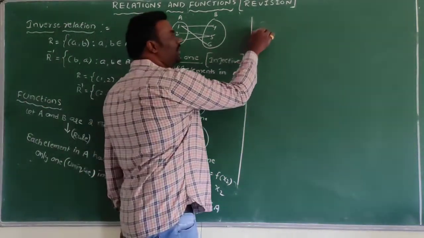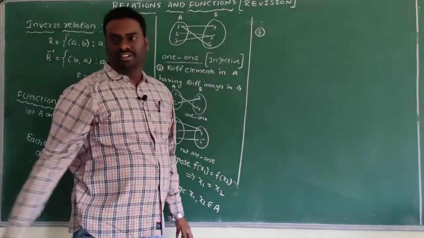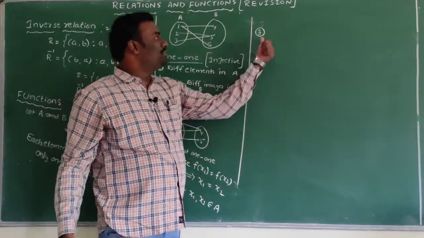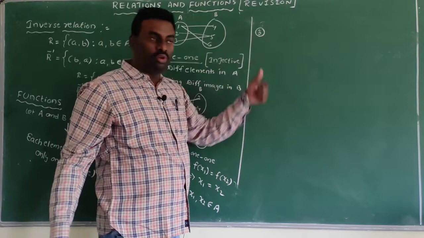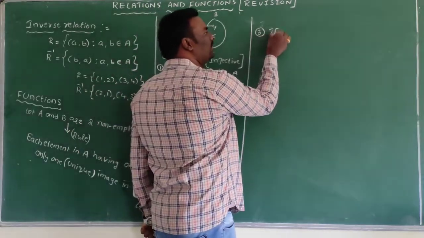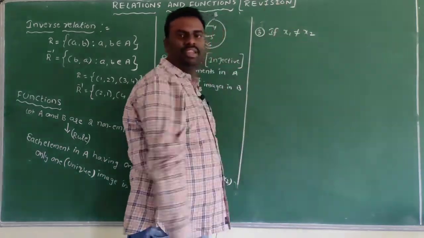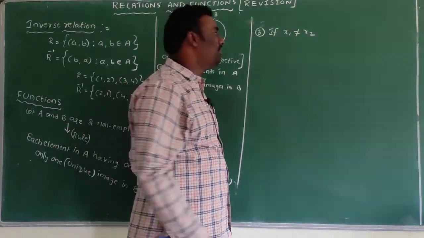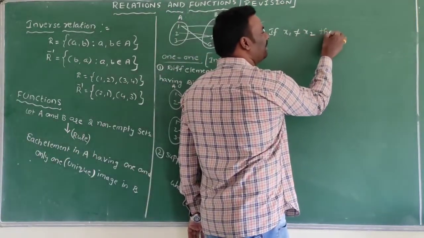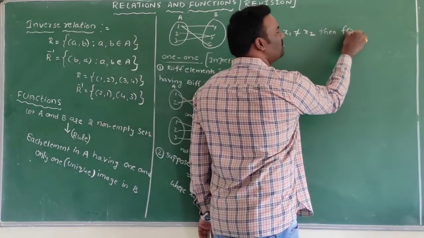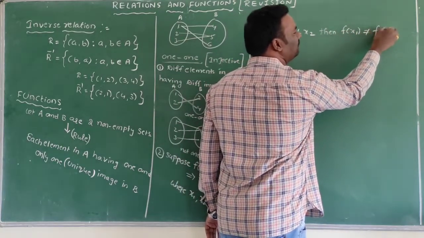We have third definition for 1 function. Sometimes we are using this definition also in problems. What is the definition? If the elements are not equal, then their functional values also not equal.